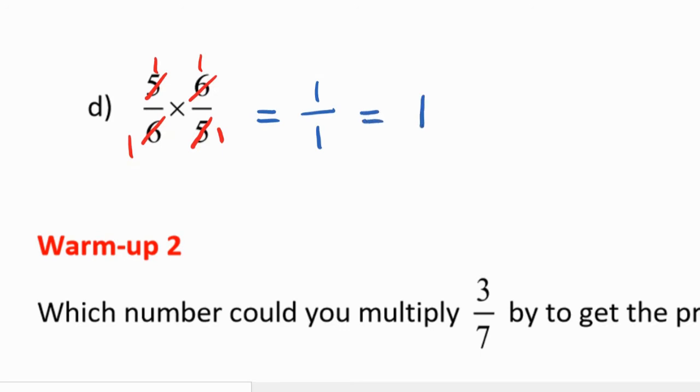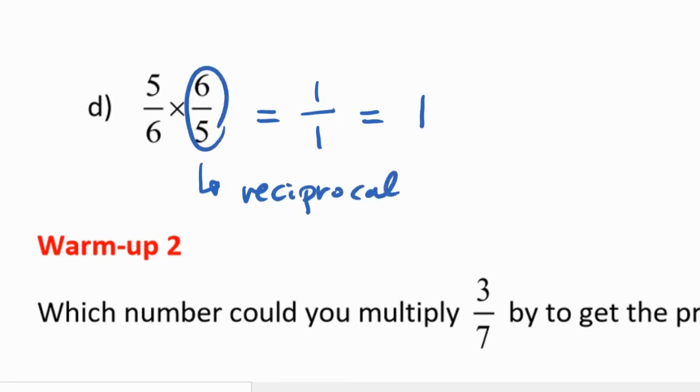Look at those two numbers, 5 over 6 and 6 over 5. Do you think there is a relationship between those two numbers? If you flip 5 over 6, it becomes 6 over 5. We call this reciprocal.